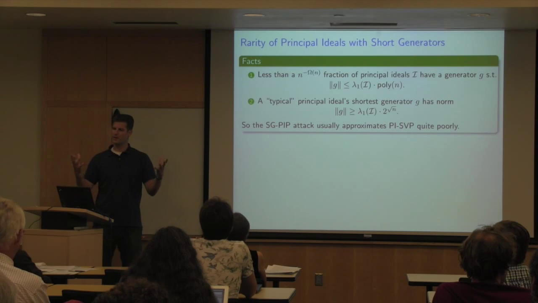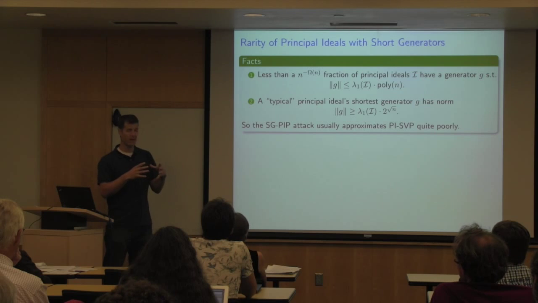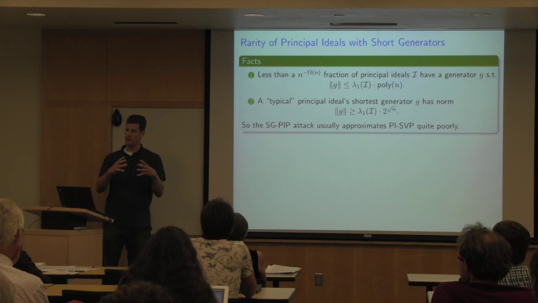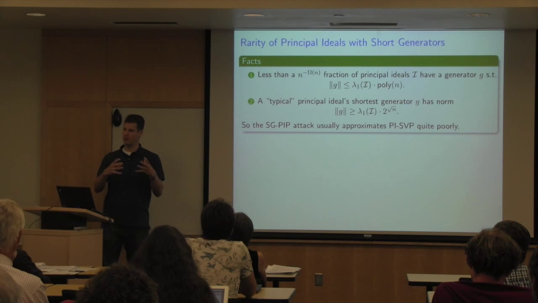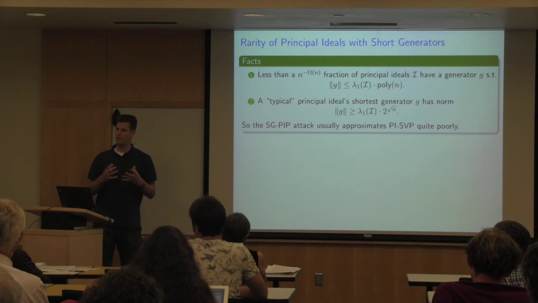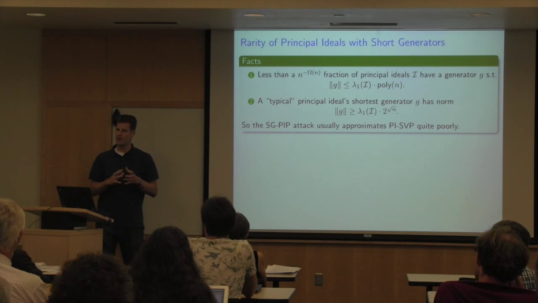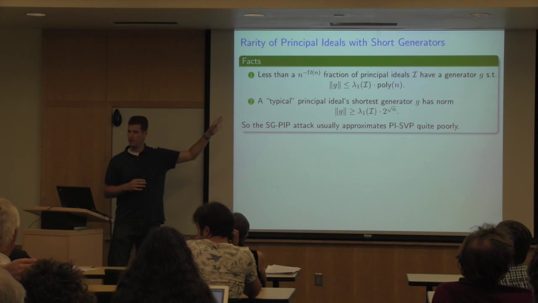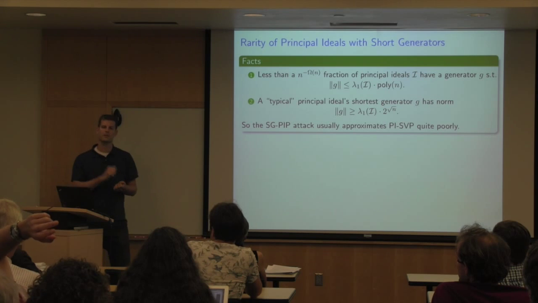Then you can talk about a uniformly random such ideal. Okay, there's a way to give a probability measure on those, and then the probability of an ideal having this property would be roughly infinite.